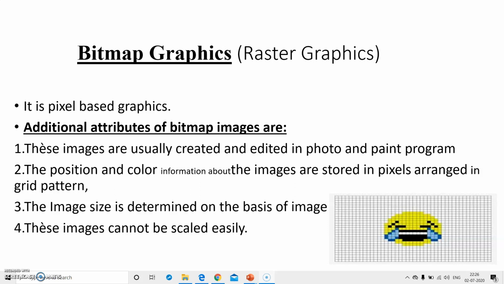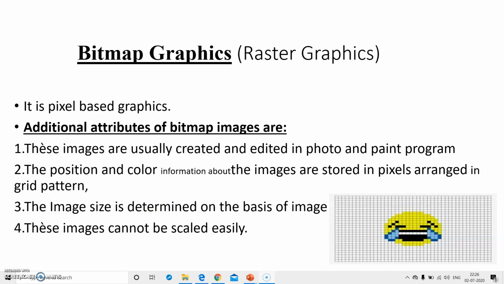Bitmap images are edited at the pixel level, which allows you to change the color of any one pixel. Additional attributes of bitmap images are: these images are usually created and edited in photo and paint programs.